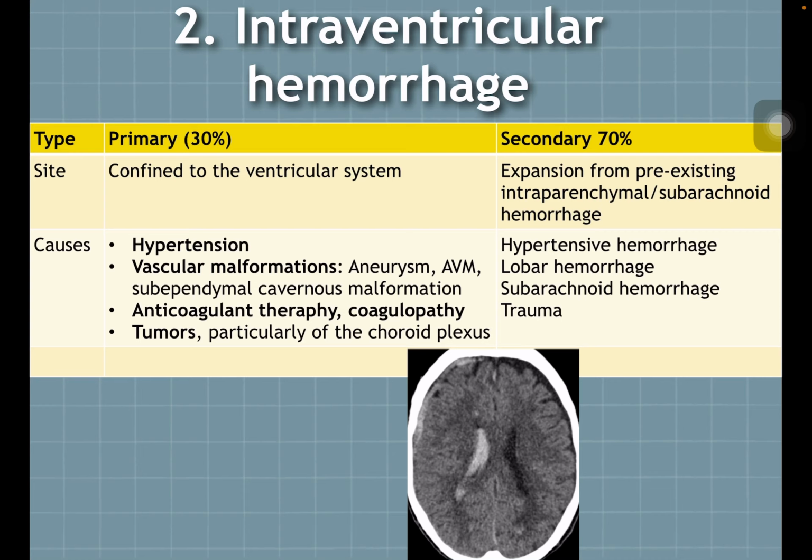For secondary intraventricular hemorrhage, there is expansion from a pre-existing intraparenchymal or subarachnoid hemorrhage into the ventricles, for example in hypertensive hemorrhage, lobar hemorrhage, subarachnoid hemorrhage, and trauma.